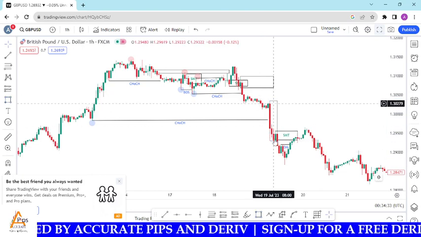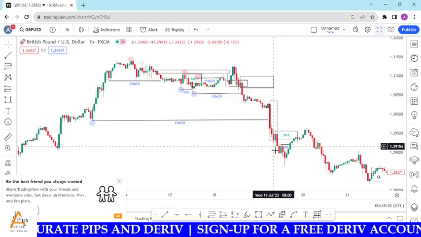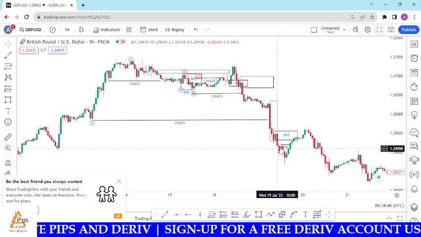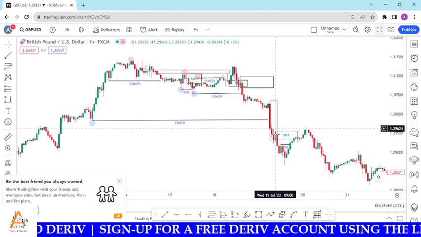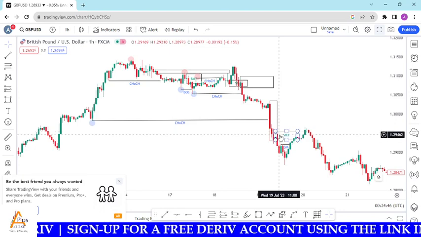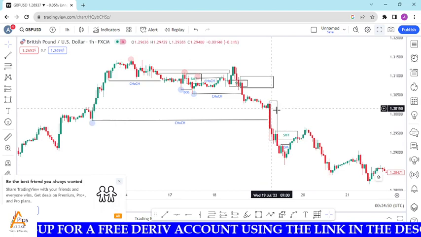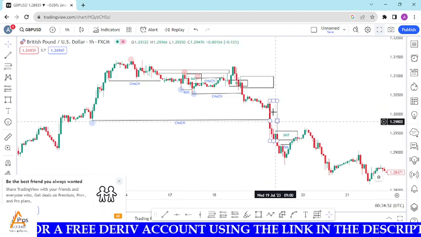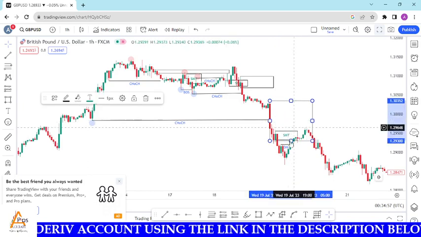But if we take the entire body of this guy, it means that this guy has been mitigated over here by this candle. Now remember, there is an imbalance between this guy and this guy, so we can use the imbalance.